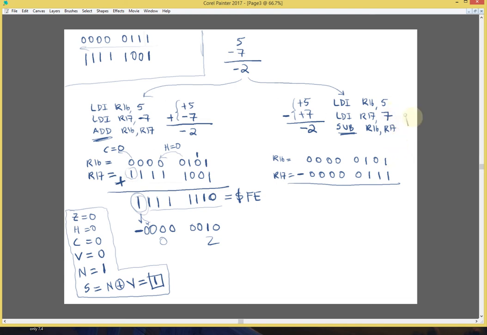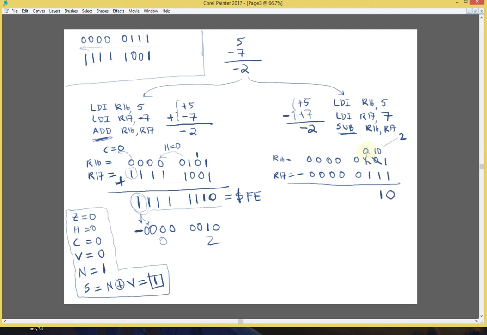Okay, so let's proceed. 1 minus 1 is 0. 0 minus 1 is not possible, so I have to borrow from this guy and steal a 1. It becomes 0 here, and this becomes 1, 0. Remember, this is not 10. This is the number 2 in binary. 2 minus 1 is 1.